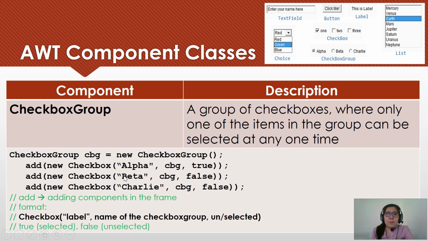Next, we added beta, same checkbox group, CBG, and then it is unselected. For Charlie, that is also unselected, which is false. So that is the format: checkbox, the label, the name of the checkbox group, comma, selected or unselected.